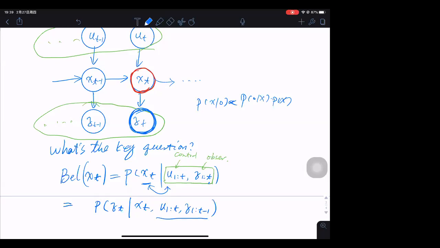And this part is the background knowledge. There's nothing else in the background knowledge, so you directly copy that, right? And then times p of xt. You need to copy the background knowledge, so you have u1 to t and z1 to t minus 1.